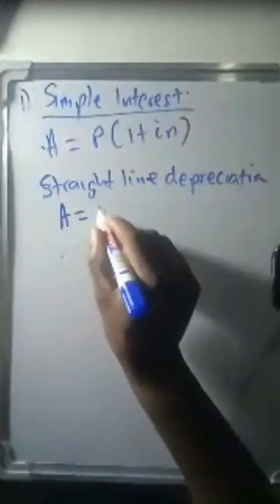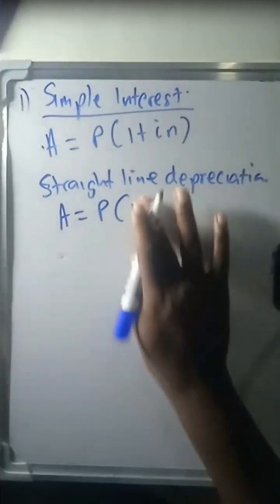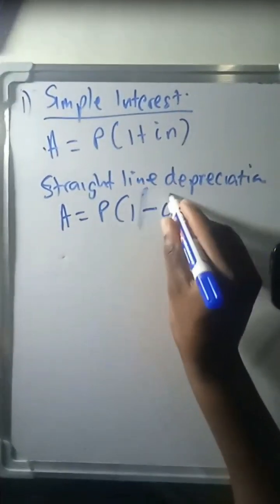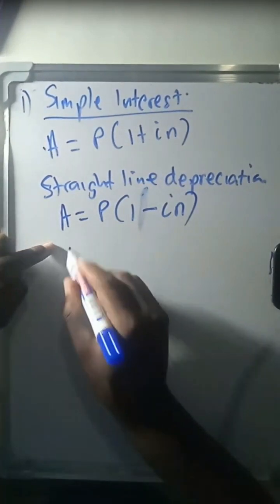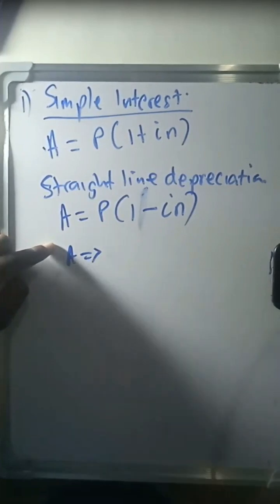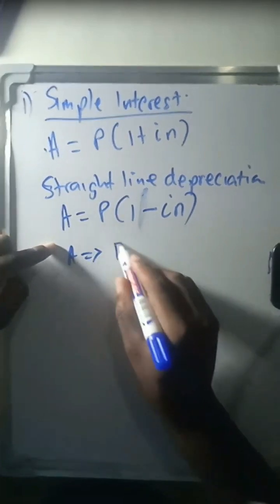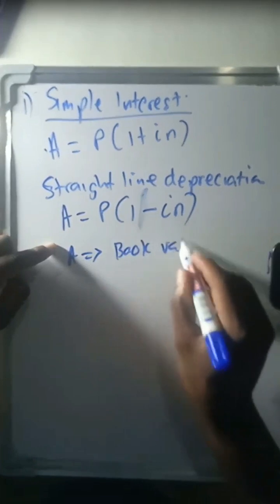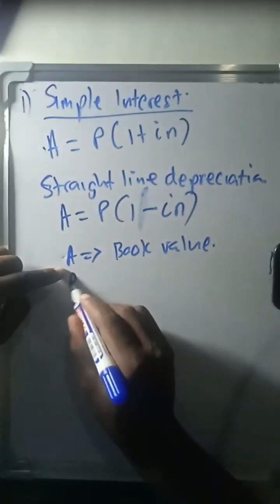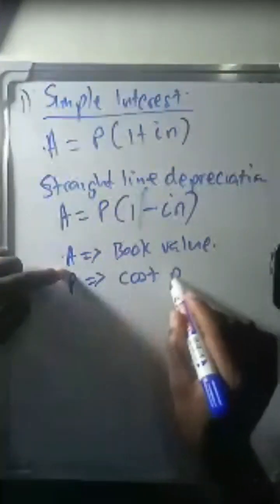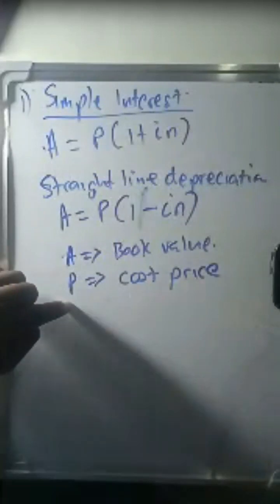So that is depreciation. Again, it's A is equal to P in brackets (1 minus i n). Now, when it's depreciation, A changes to what we call the book value or depreciated amount, depreciated value. Then P is the cost price, the amount at which we bought the item.